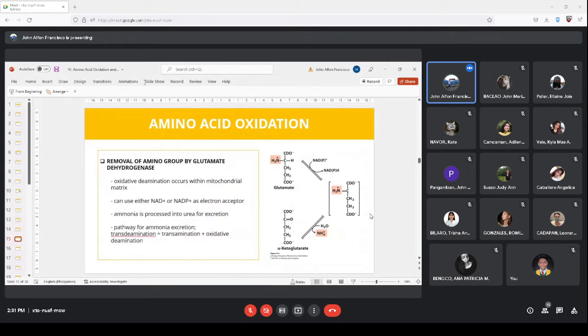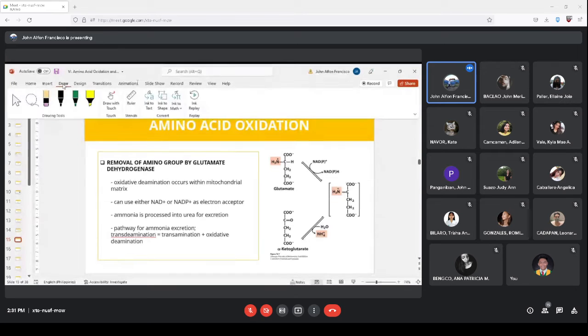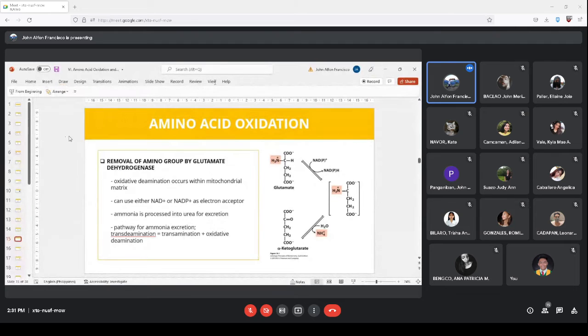Okay? Removal of amino group by glutamate dehydrogenase. So oxidative deamination occurs within the mitochondrial matrix. So what happens naman dun sa glutamate mo na nag-capture ng amino group? Using NADPH, you can form another Schiff base. And this Schiff base, upon addition of water or hydration, you can now release your amino group. Kasi temporary lang na storage si glutamate ng amino group na kinapture niya from your dietary amino acid.